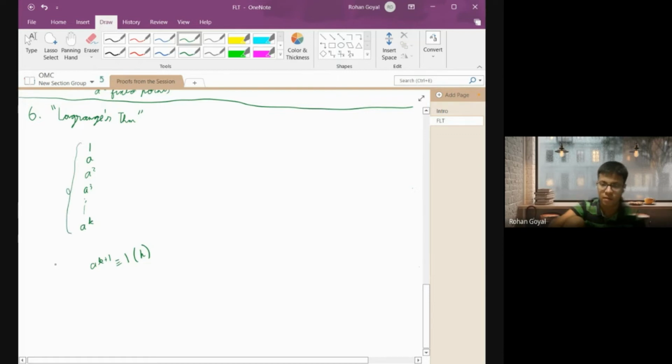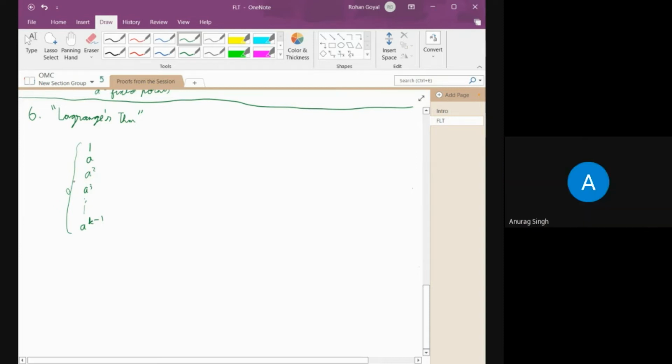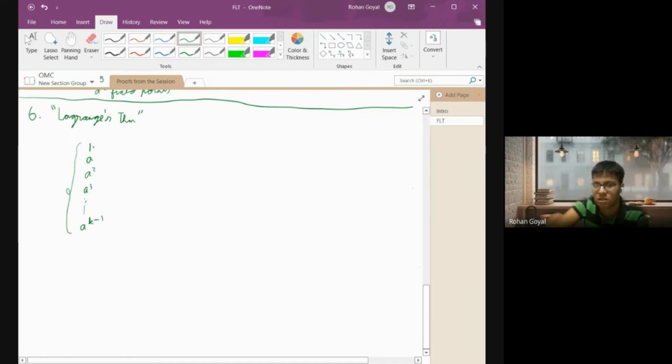Now let's see something else. This is a set of things. Let's call it k minus 1 actually, so that a to the k is congruent to 1. How many things are there in this set? K things, right?